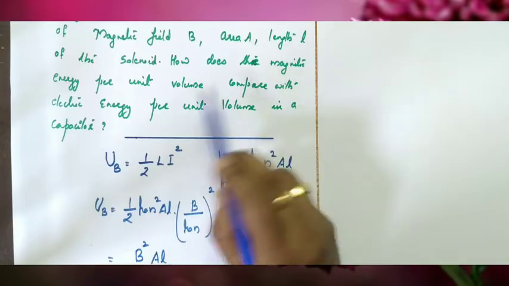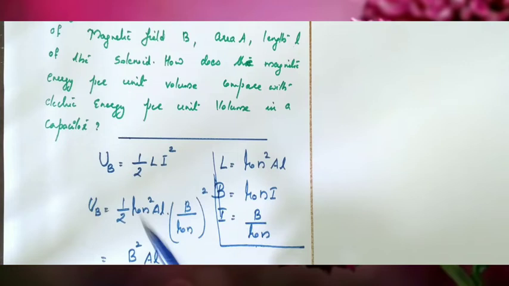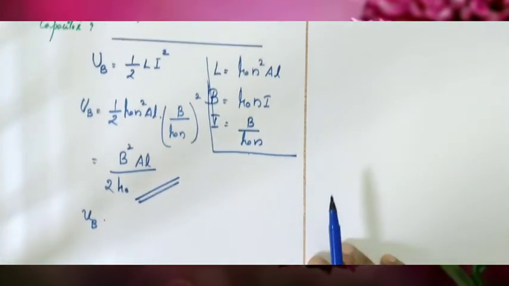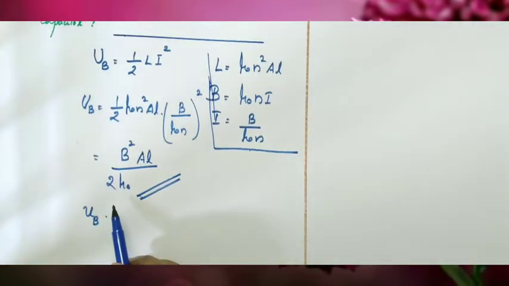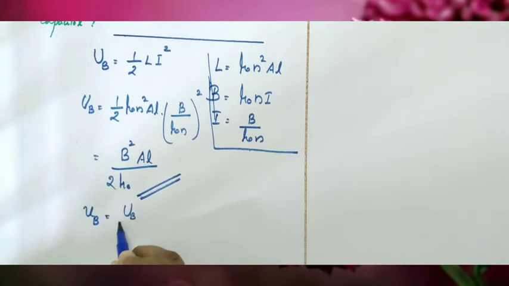Second part is, how does the magnetic energy per unit volume compare with electric energy per unit volume in a capacitor? We have energy per unit volume. Energy per unit volume is called energy density. So magnetic energy density is energy divided by volume. Energy density is usually represented by small letter u.